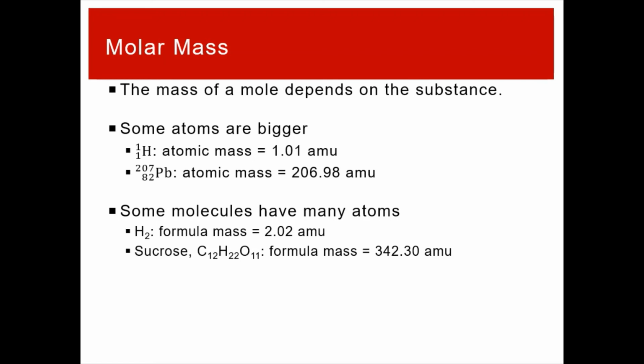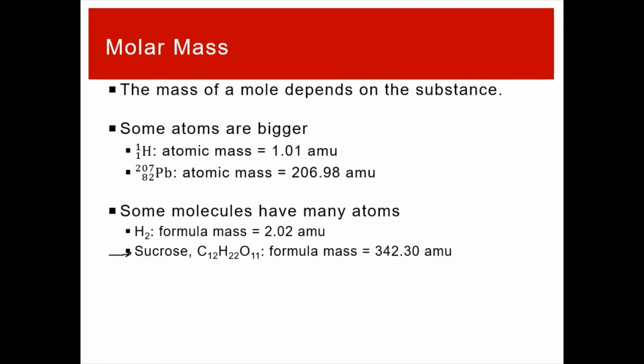Different atoms have different sizes. Small atomic numbers, really small, like say hydrogen. Big atomic numbers like lead have much larger masses. And then if you think about molecules, you could have small atoms in molecules or just large numbers of atoms. Sucrose, for example, there's not really much big in a sucrose. Carbon, hydrogen, oxygen, none of them are large atoms.